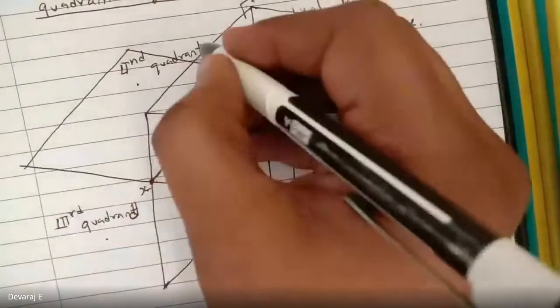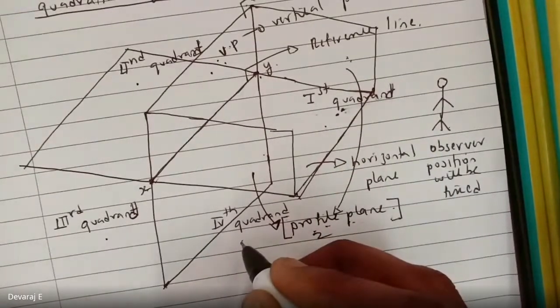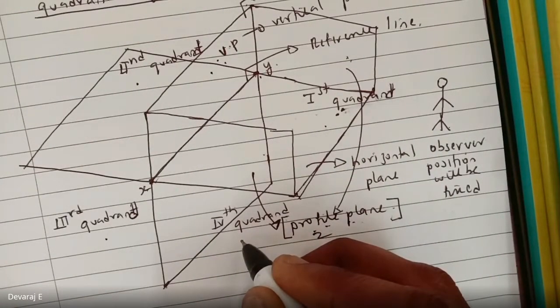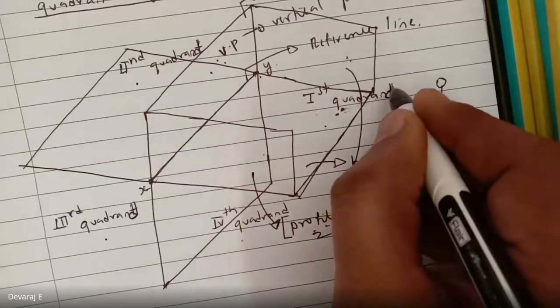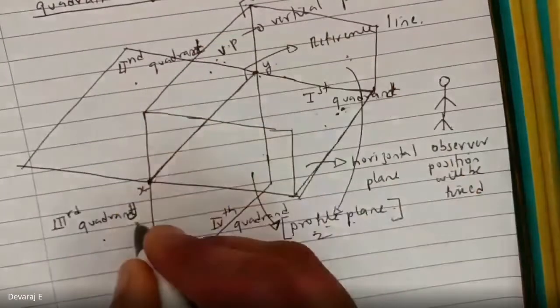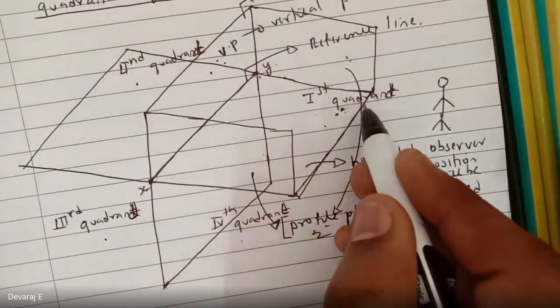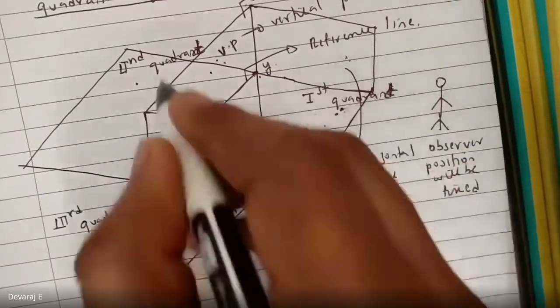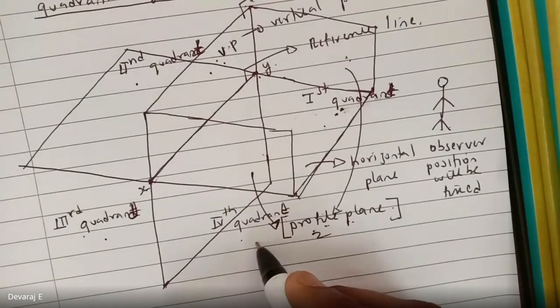Fourth quadrant orthographic projection system. First quadrant system, second quadrant system, third, fourth. So everyone is clear? Anyone has any doubt? No, sir. Okay, anyone has any doubt?